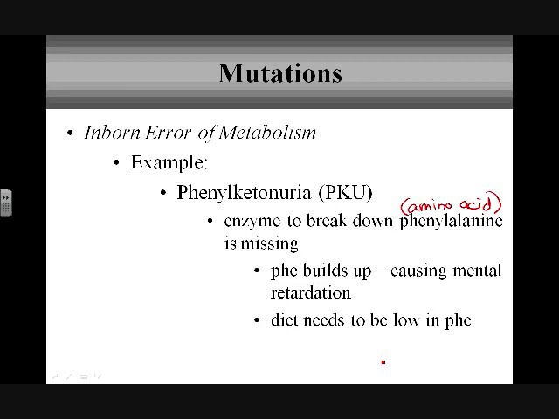So people with phenylketonuria have to completely avoid any foods that contain that artificial sweetener, like diet sodas and stuff. So this is just one example of how missing an enzyme or having a negatively affected enzyme can be life-threatening and can cause huge problems in health.